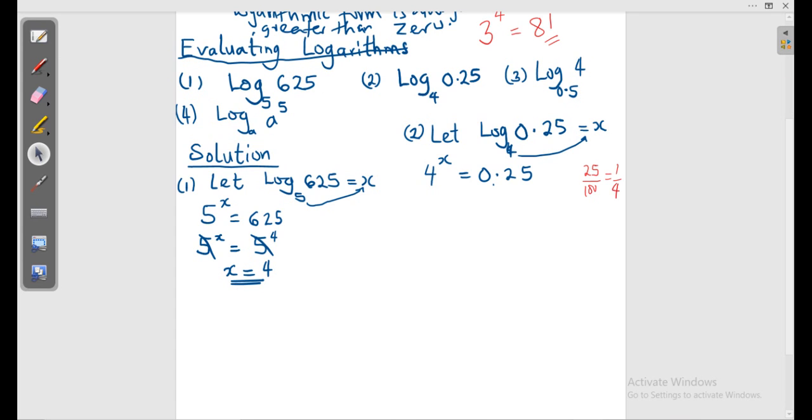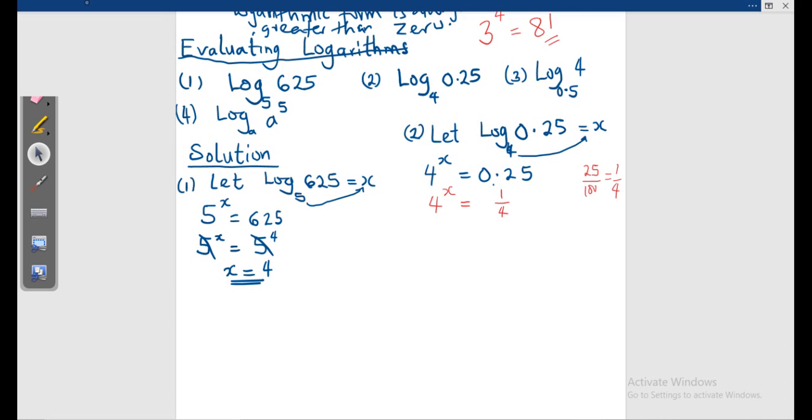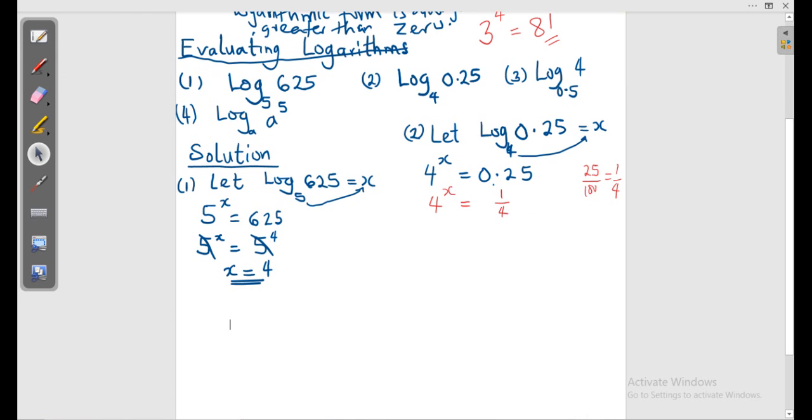So I'll just say 4 raised to power x is equals to 1 over 4. Going back to your indices, 1 over 4 is the same thing as 4 to the power of negative 1. So 4 will cancel out 4, and x is what? Minus 1. So you can conclude to say log 0.25 base 4 equals minus 1.